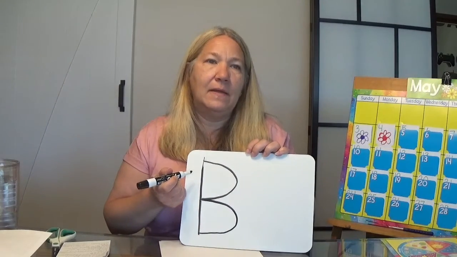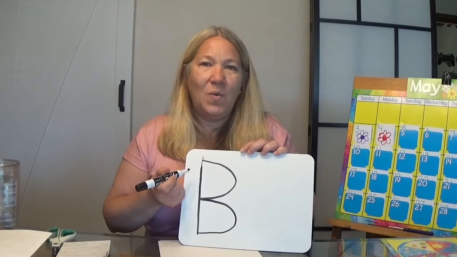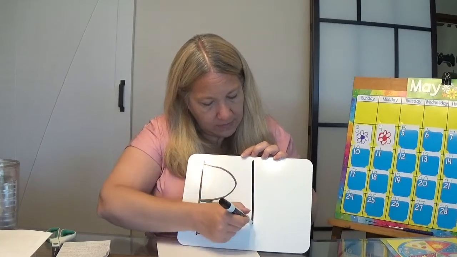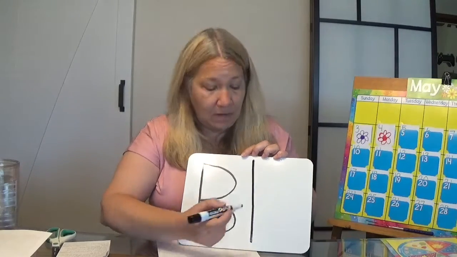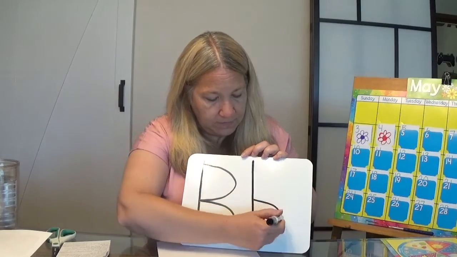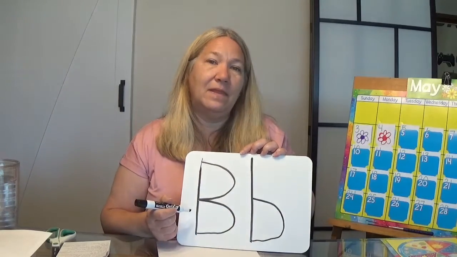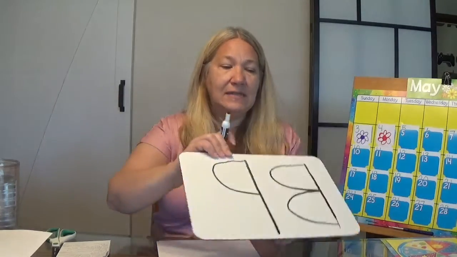Capital B. When I make a lowercase b, I make a straight line down. I jump to the middle and I make a little curve to the bottom that goes the same way. B says B.